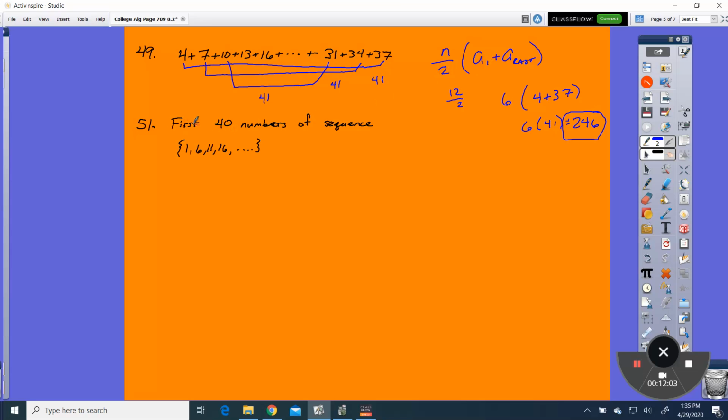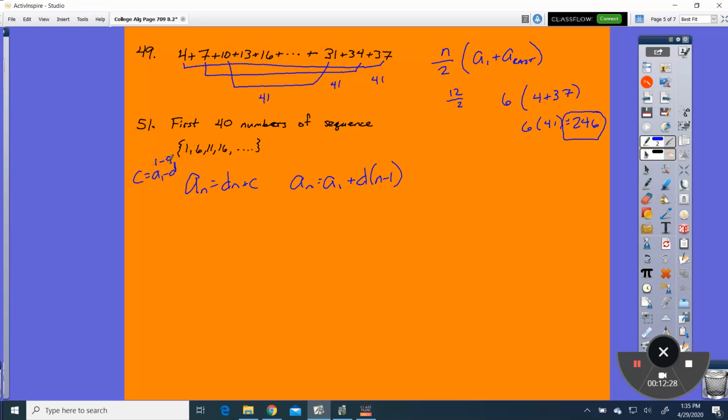And this one says add up the first 40 numbers of a sequence given like this. Well, I don't know what the 40th one is, but I bet I could come up with it. I know this formula. I know my first term is 1. I know that I'm adding 5 each time.